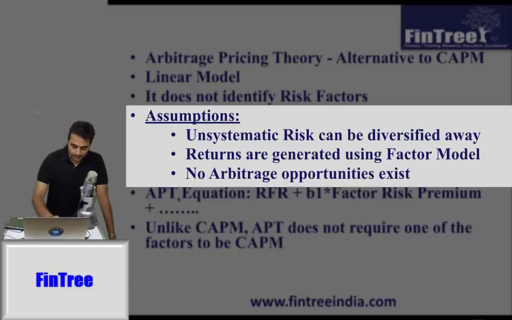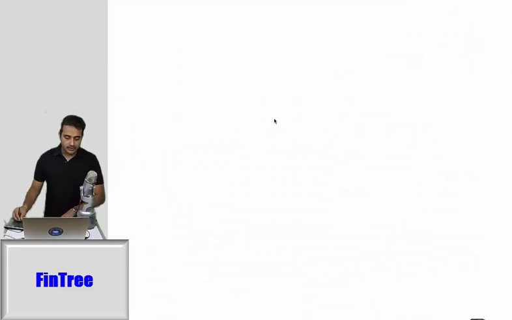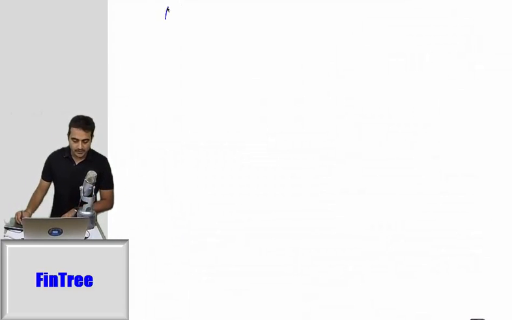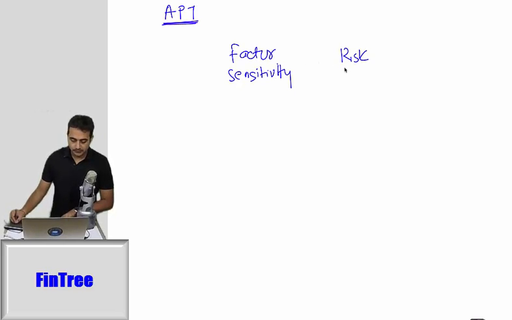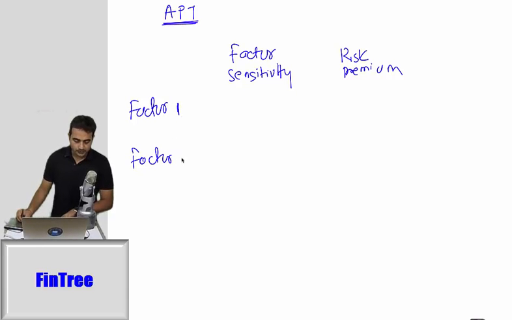So let us build an example. This could be our first example of arbitrage pricing theory. Let us say we are building a model similar to this. So we have factor sensitivity and we have risk premium. Right now I'm not defining any of the factors, so let me just call them factor 1 and factor 2.